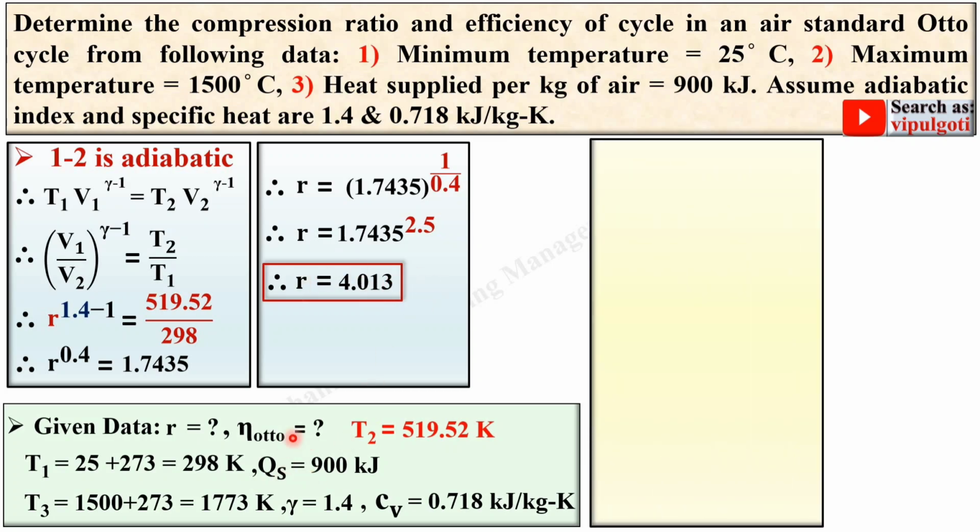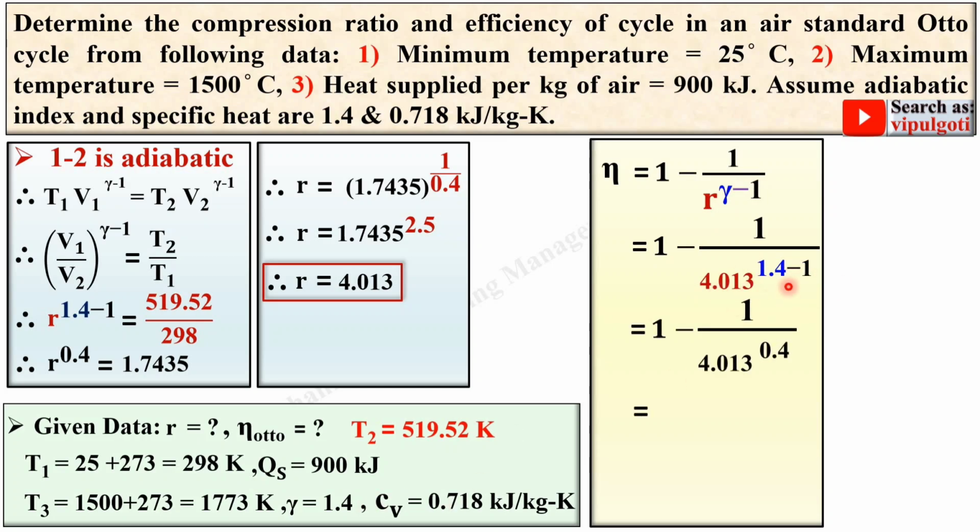Now the second objective, efficiency of the Otto cycle. Again you know that the equation of the efficiency of the Otto cycle is 1 minus 1 upon r raised to gamma minus 1. Put the values over here. So 1 minus, as it is, 1 upon r, now you have 4.013, and gamma is given to you. Now simplify this term first.